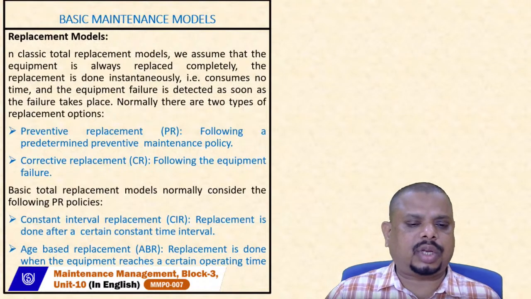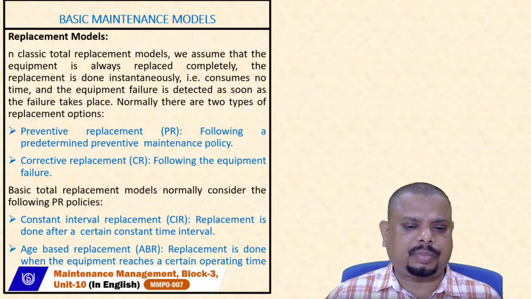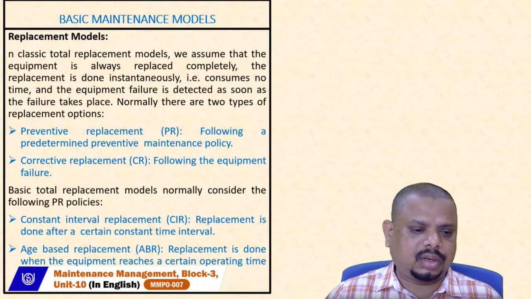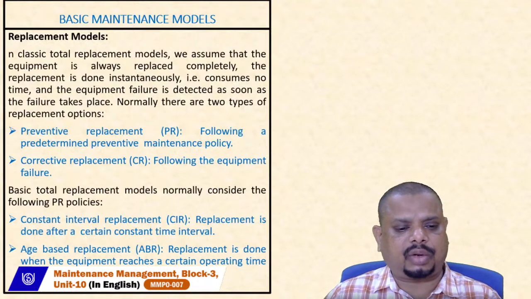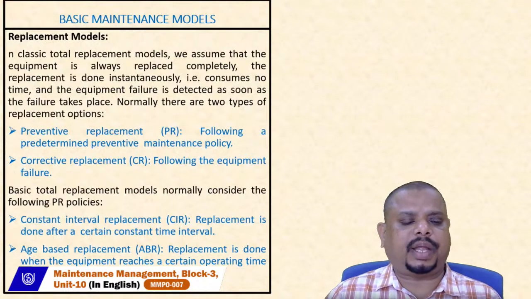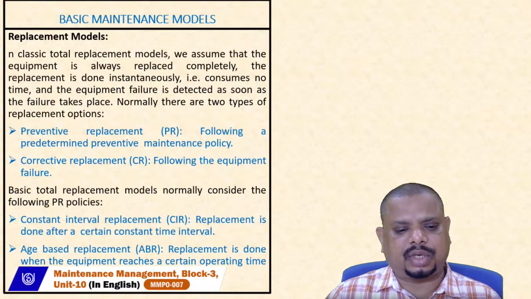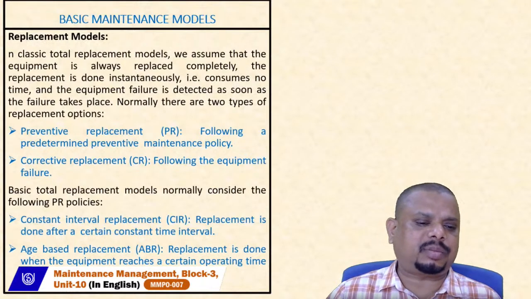For example, you are using a pump and the durability of the pump should last 15 years as per the company's recommendations. If the pump has already reached that particular age, depending upon the age, you have to apply age-based replacement. There is no need for any kind of adjustment or minor repair. You can directly implement policies like age-based replacement.